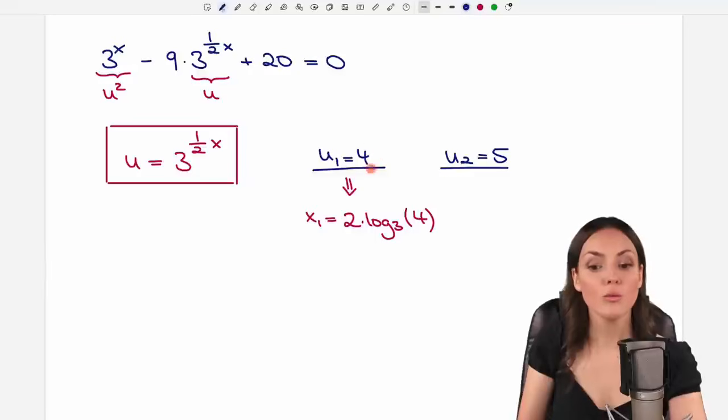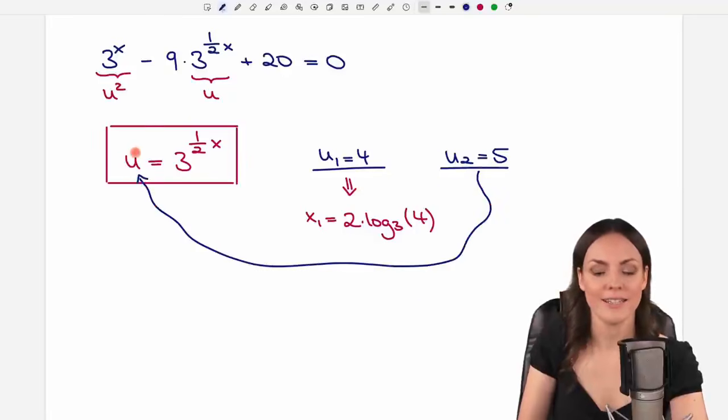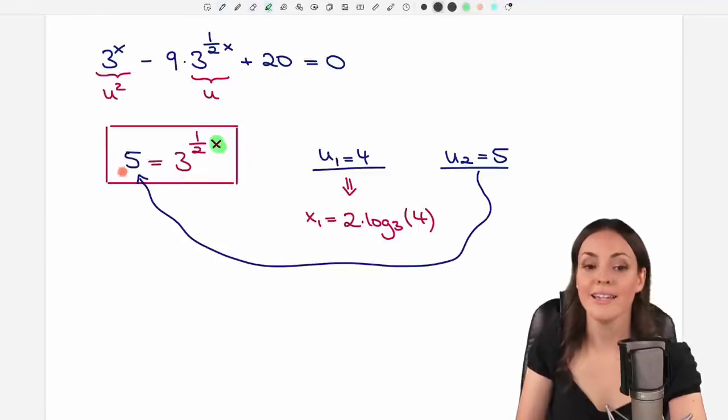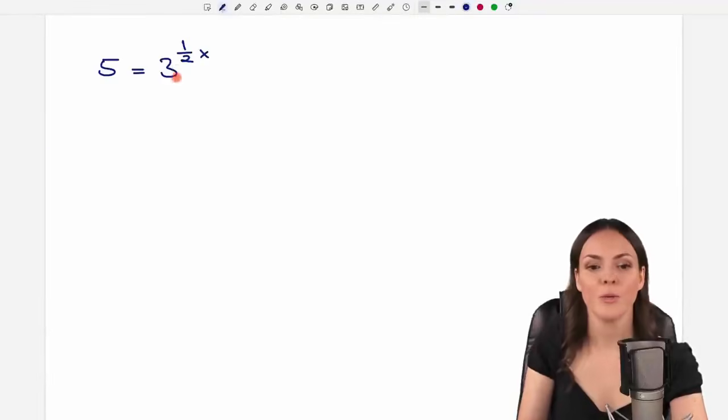So this u solution gave us an x solution. And this is what we do with the second u solution as well. So we take the 5 this time, insert it here for the u, and solve this equation for x in the same way. So we're going to be a little bit faster now. We know how to solve these exponential equations.